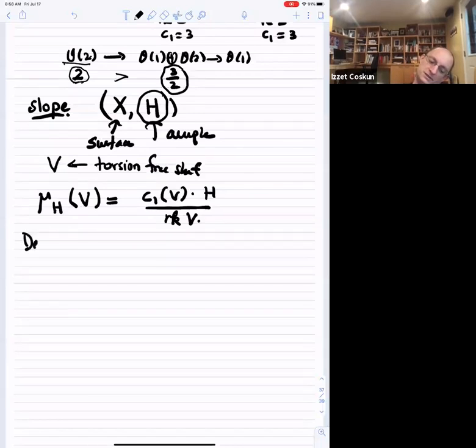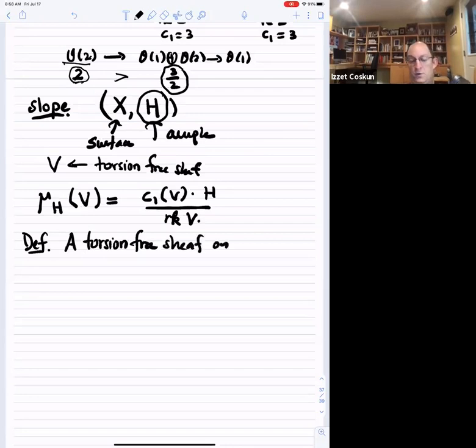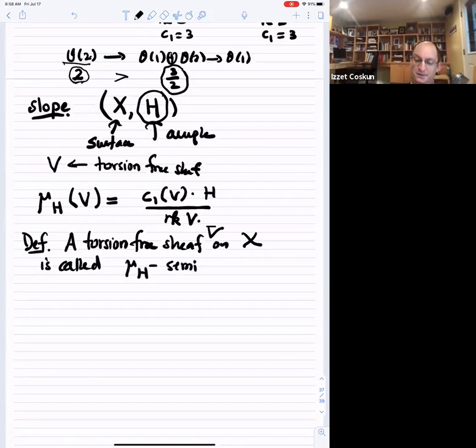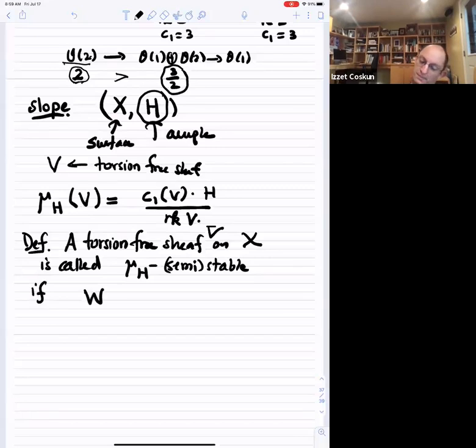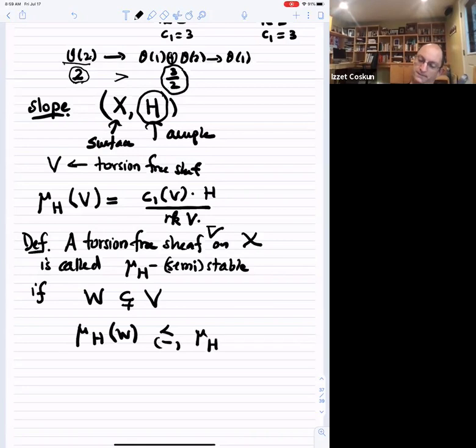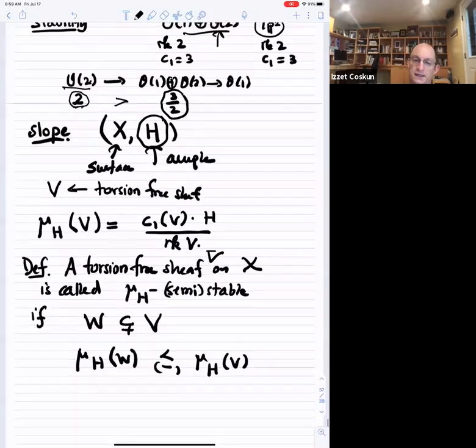So definition, a torsion-free sheaf V on X is called slope semi-stable, mu H semi-stable, if for all W proper subsheaves, the slope of W is less than or equal to the slope of V. All right, so in other words, here is an example.